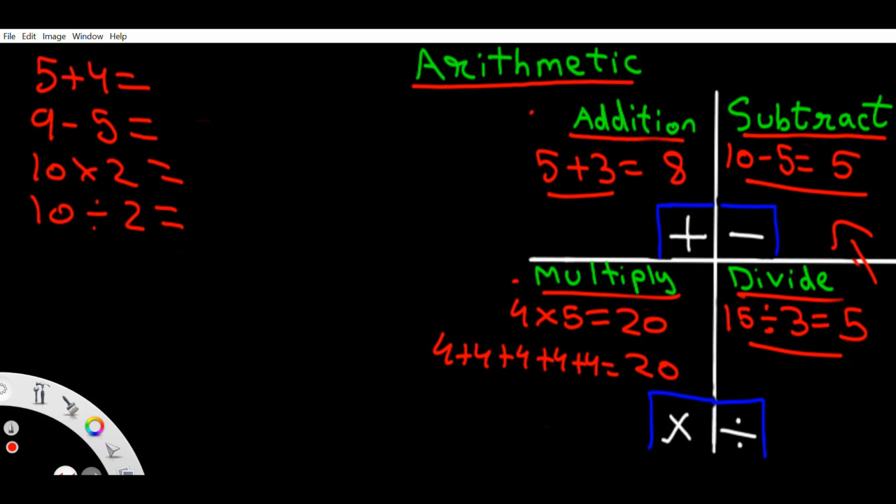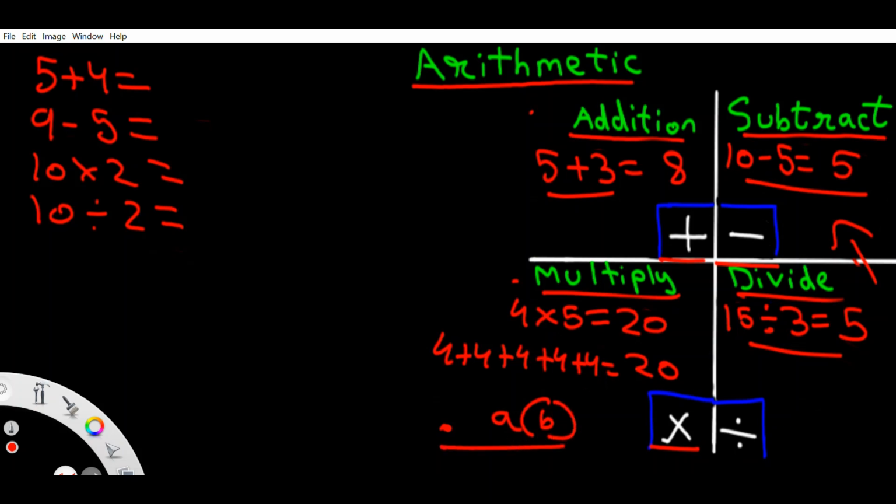The addition operation has a plus symbol. So whenever you see the plus symbol, you know you have to add those two values. The subtraction symbol is a takeaway symbol. So whenever you see the takeaway symbol, you know that you have to take those two values away. The multiplication symbol is this X symbol, and often you also see a dot or a bracket.